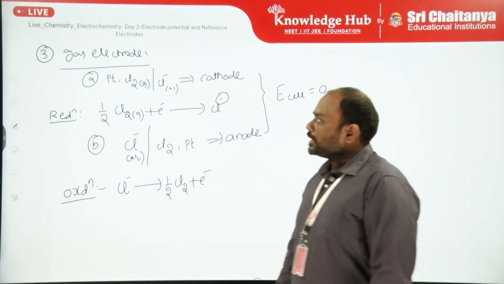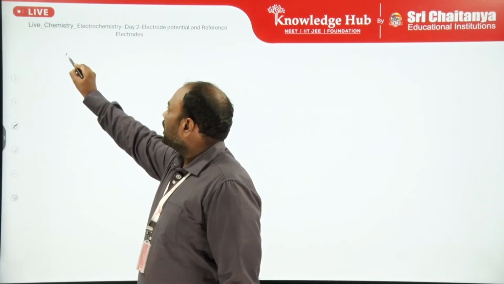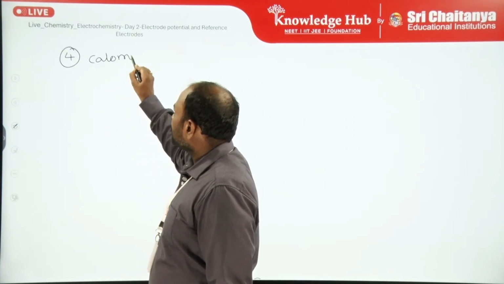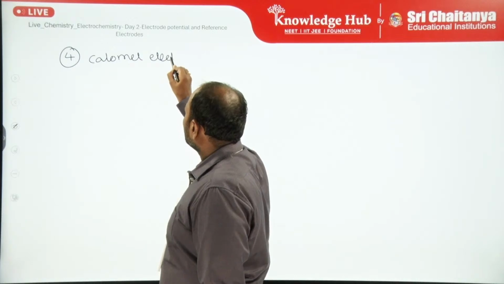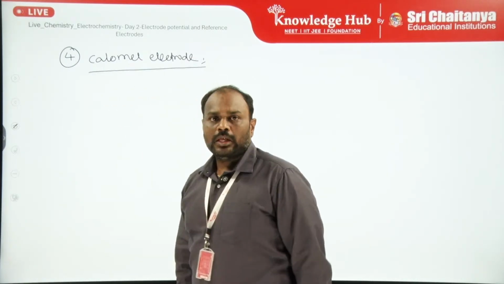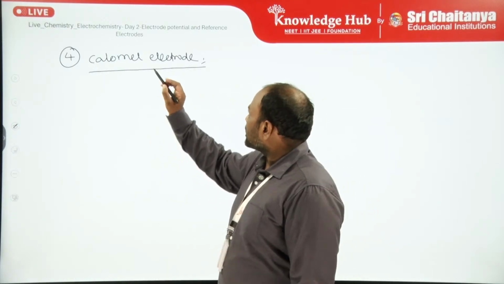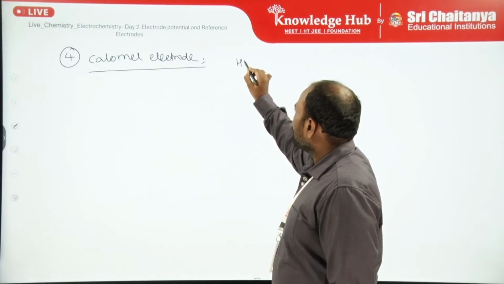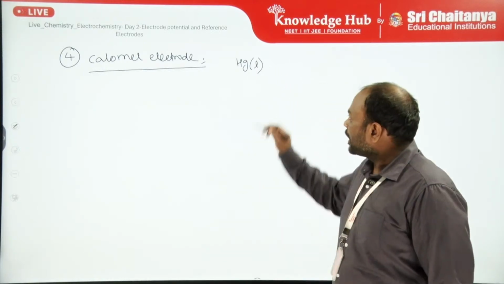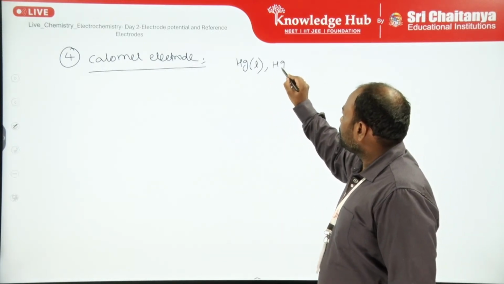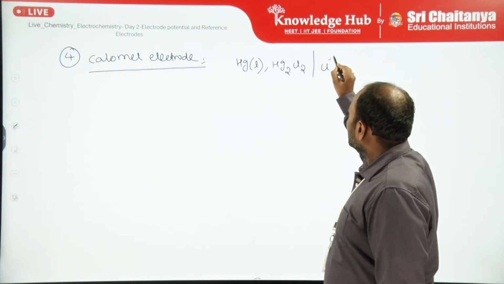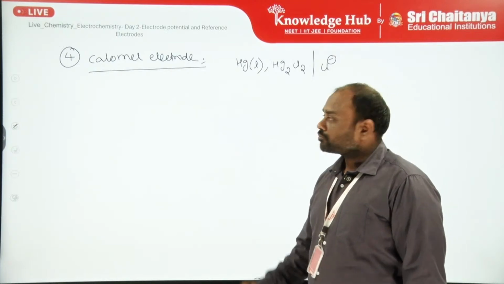The another one is the fourth one, calomel electrode. So this is the most important one. So in this calomel electrode, the representation is mercury existed in the form of liquid, Hg2Cl2 slash Cl minus.